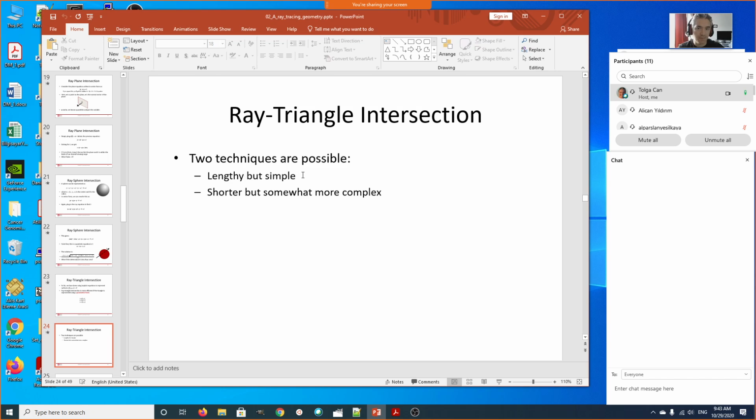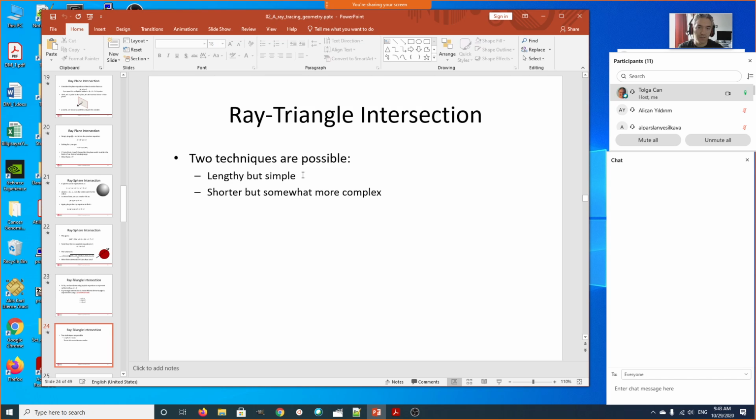plug in the parametric ray equation into the plane equation to find the intersection point, which may potentially be outside the triangle most of the time, because the plane that the triangle lies in is infinite. If our ray is not parallel to that plane, there will be an intersection point.